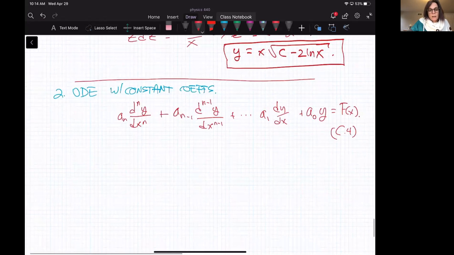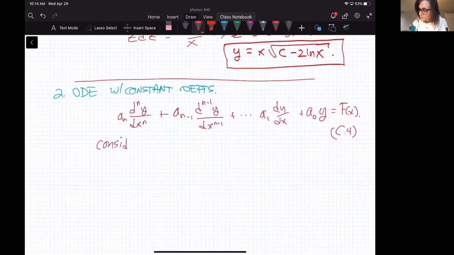So the question then is, how do we go about solving this? And the easiest thing to consider here is the homogeneous case. So we consider y sub h of x. That means that f of x is equal to 0.